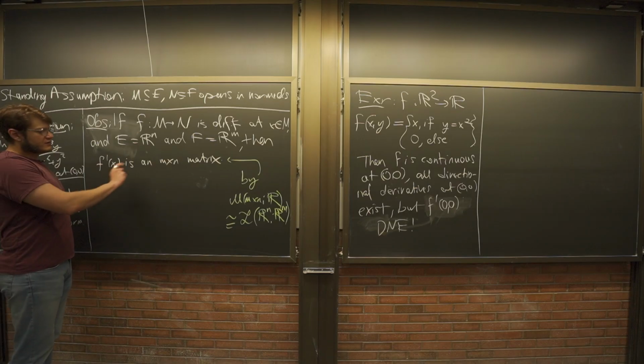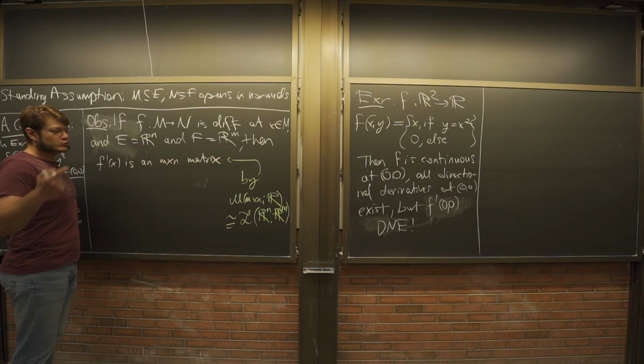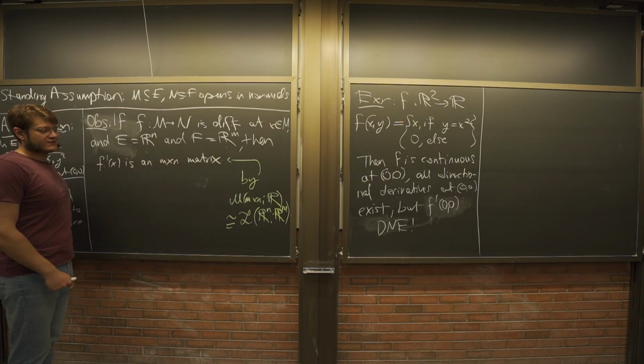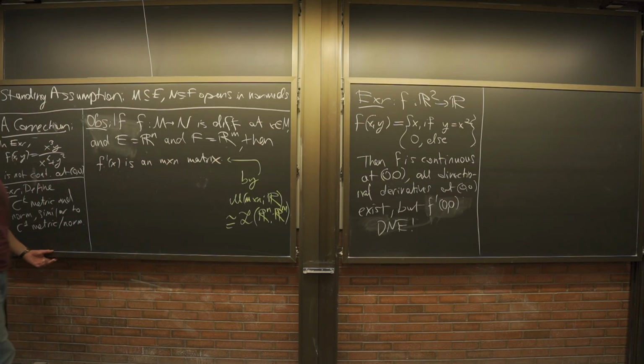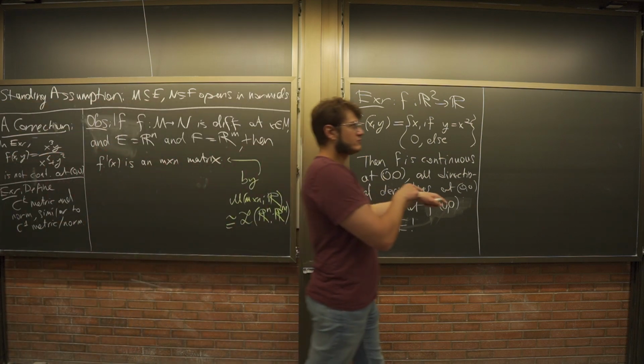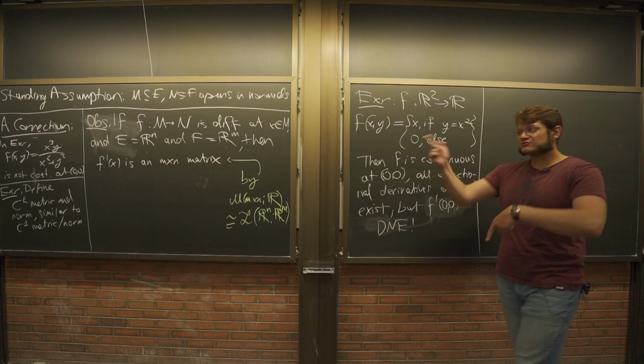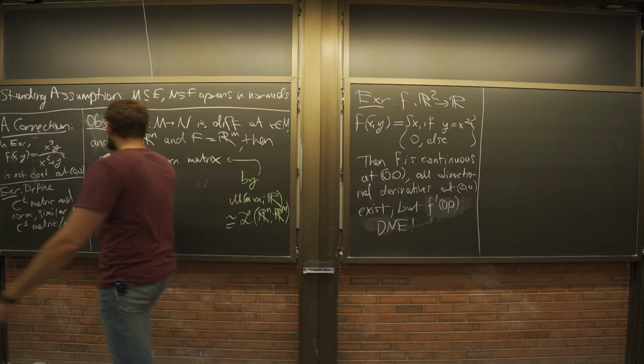Once I have the fact that I can think of f prime of x as an m by n matrix, how do I index into the specific entries and realize that they're supposed to be the partials of the components of f? Well, I'm going to use this idea that directional derivatives, on the one hand, are related to partial derivatives, and on the other hand, related to the derivative.